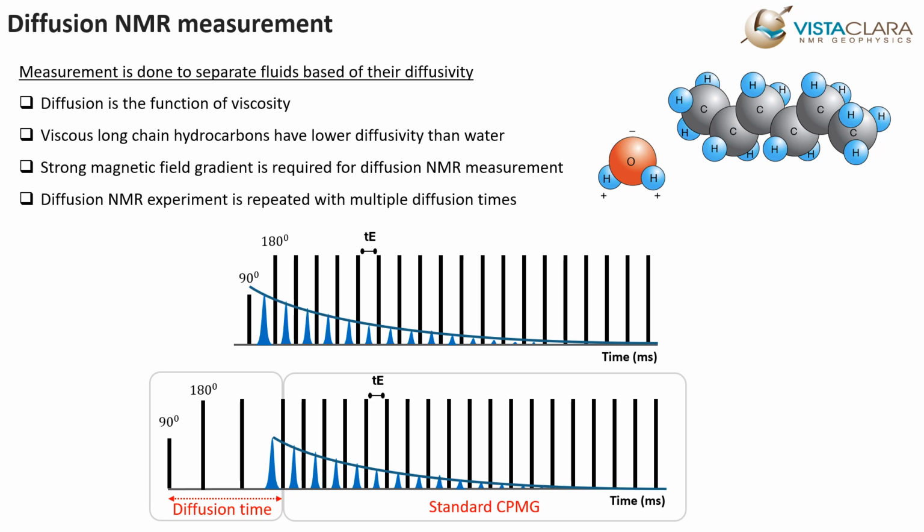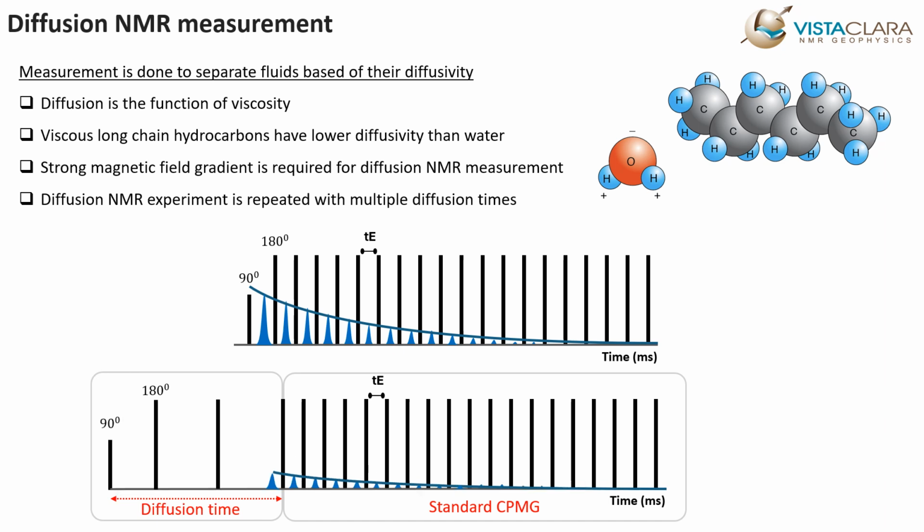And in order to properly differentiate between different fluid types, we need to repeat this experiment with different diffusion times. Here at the bottom you can see the diffusion NMR pulse sequence, and this is just an additional delay that we add at the beginning of the standard CPMG pulse sequence. So we just repeat that experiment with different diffusion times.